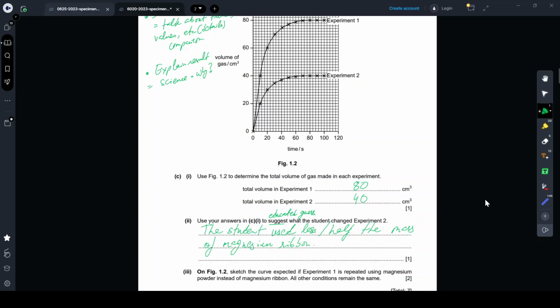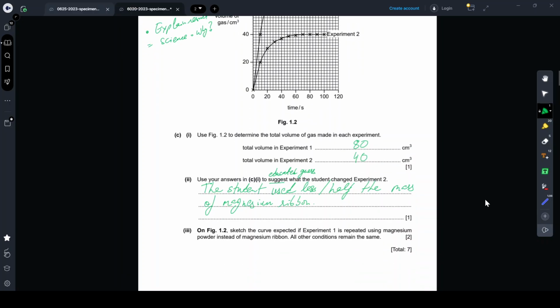What affects the rate of reaction of solids? Can you repeat that again? What affects the rate of reaction when you have a solid reactant? Maybe a gas? No, not a gas. Temperature?